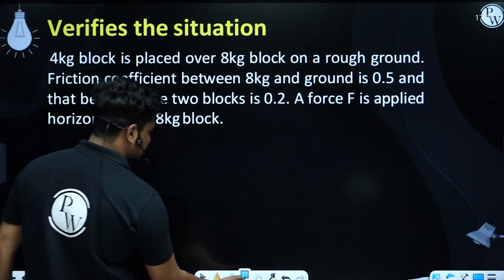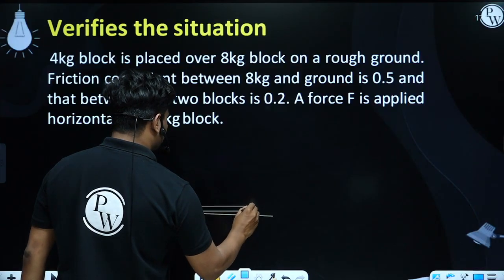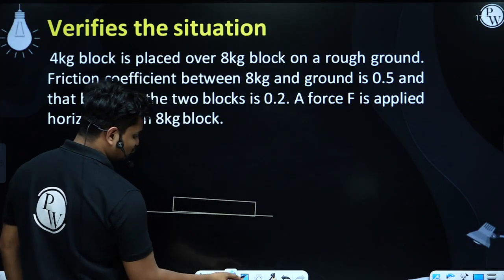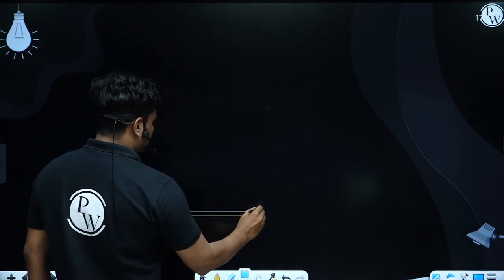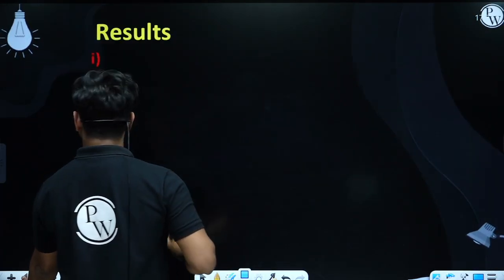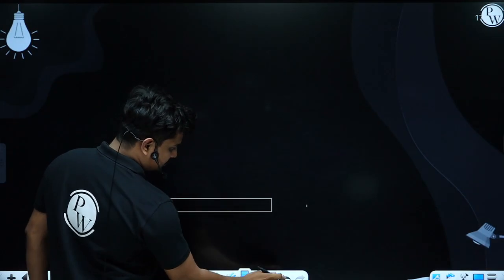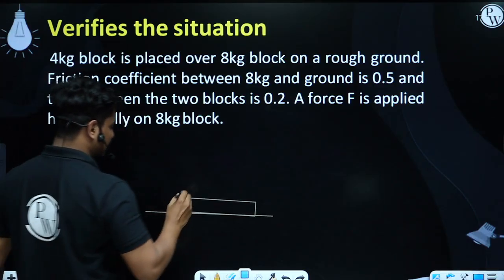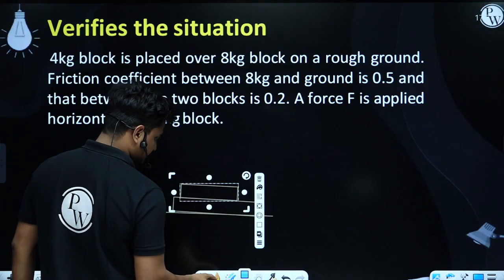Just to read the problem: there is one ground, then one bottom block, then another block on top.